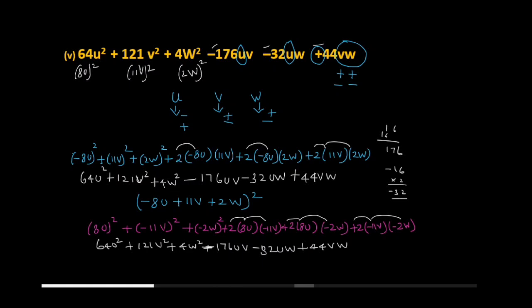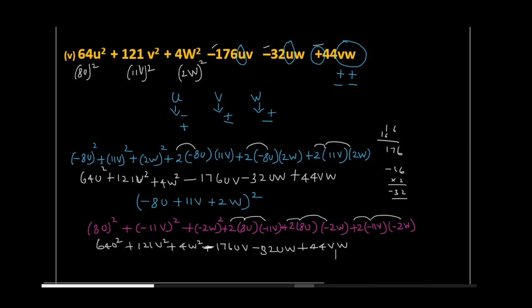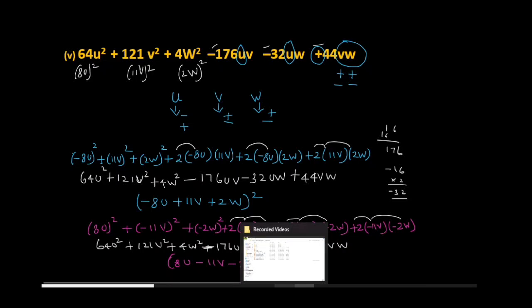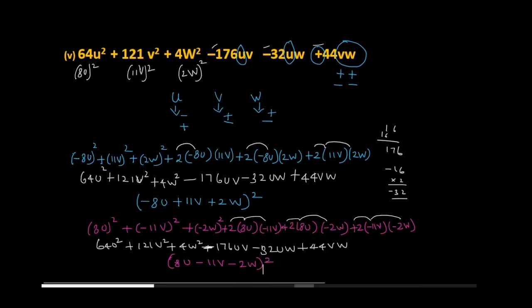So we got the same expansion. So this can be factorized like this also. If u is positive, 8u positive, then v negative, minus 11v, minus 2w the whole square. These are the two factorizations of the given expression.